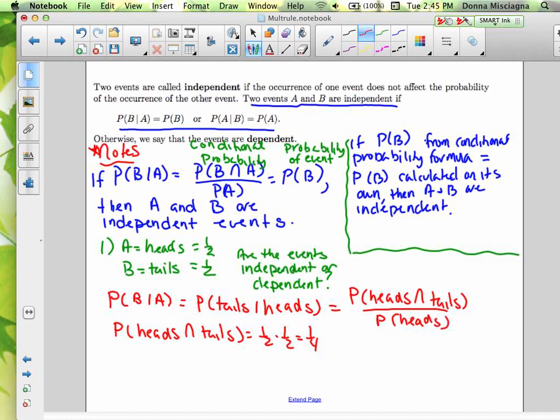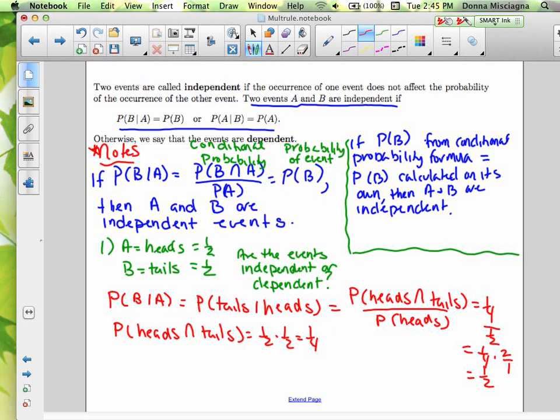But we already have what the probability of heads and tails is. That's 1/4. And we'll divide that by the probability of heads, which is 1/2. When you're dividing fractions, you multiply by the reciprocal. So this would be the same as 1/4 times 2/1. And that would be 2/4 or 1/2.